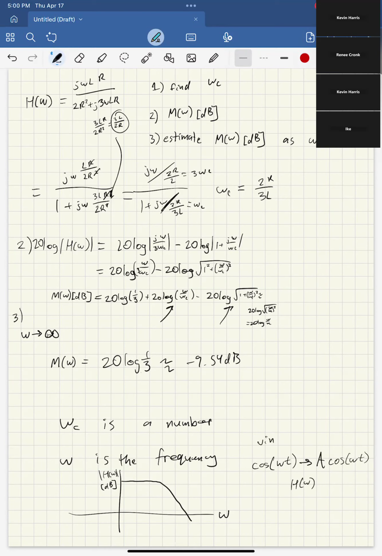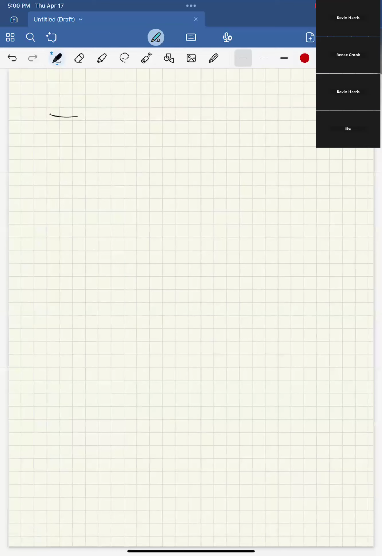It'll have the same frequency, but a different magnitude and a different phase shift. And omega is the important part, because as your frequency changes, you get different behavior, like with that example of the resistor and the capacitor.